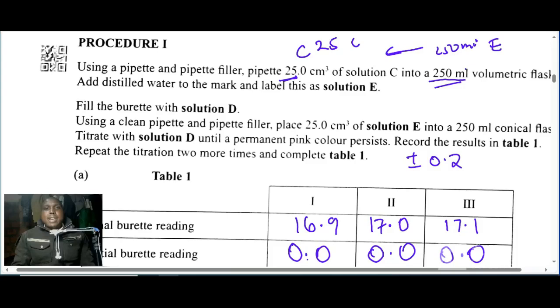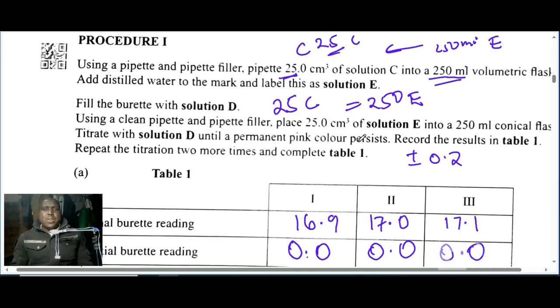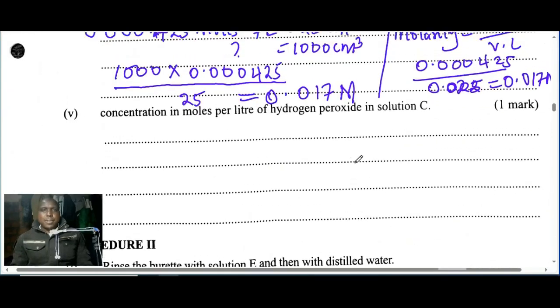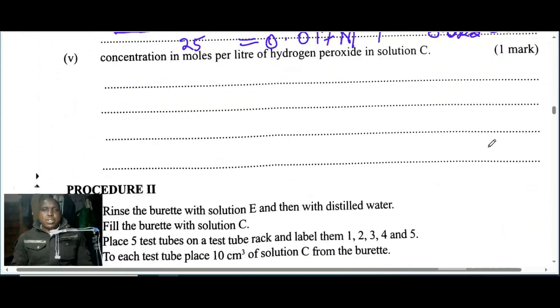So if I took 25 centimeters cube of solution C, I added water to 250. The number of moles in the 250 solution E will be equal to the number of moles in the 25 solution C from the original solution. I hope that one is well understood. So having that knowledge now, we go back to answer the question. We need to start by understanding that the number of moles in the 250 solution E will be the number of moles in 25. Very important.